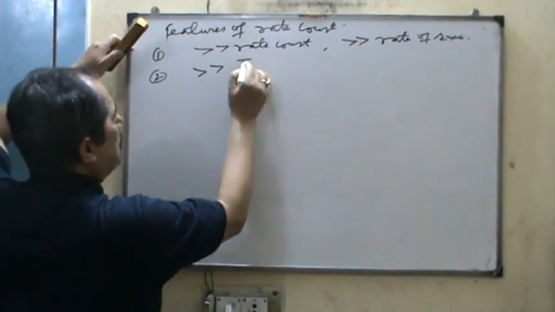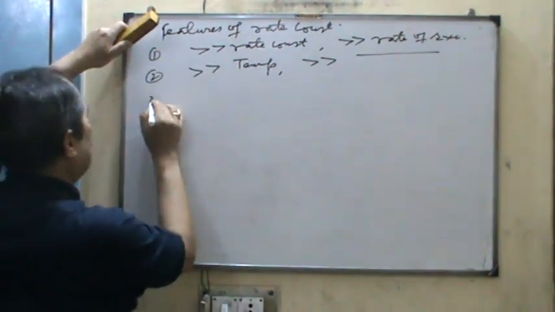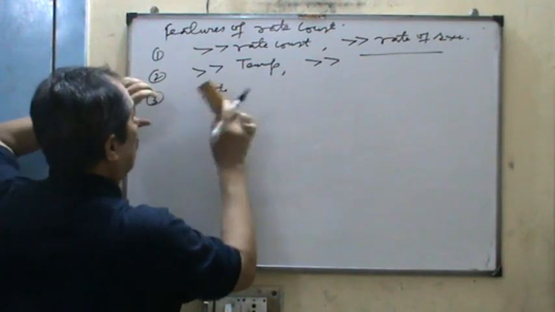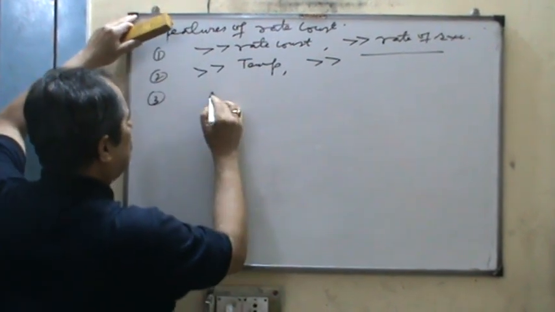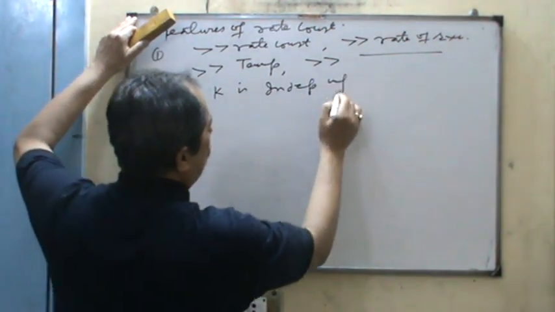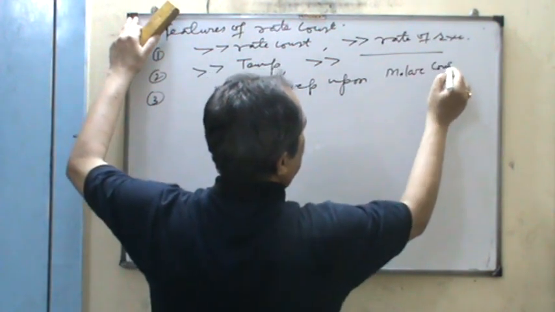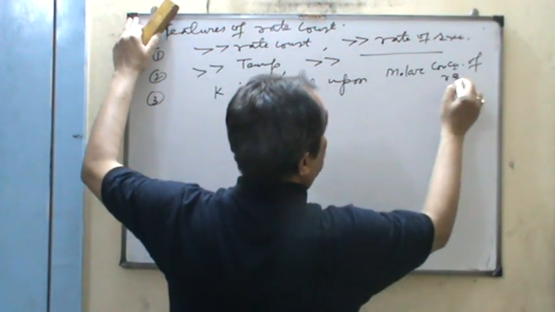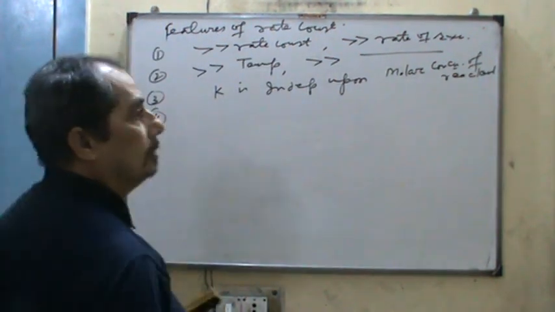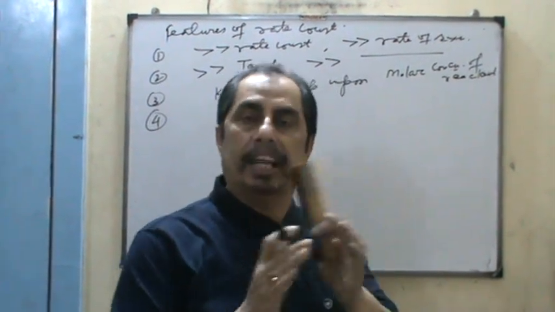Greater the value of temperature, greater the rate of reaction. Rate constant is independent of molar concentration of reactants. And then finally the rate constant differs from reaction to reaction.